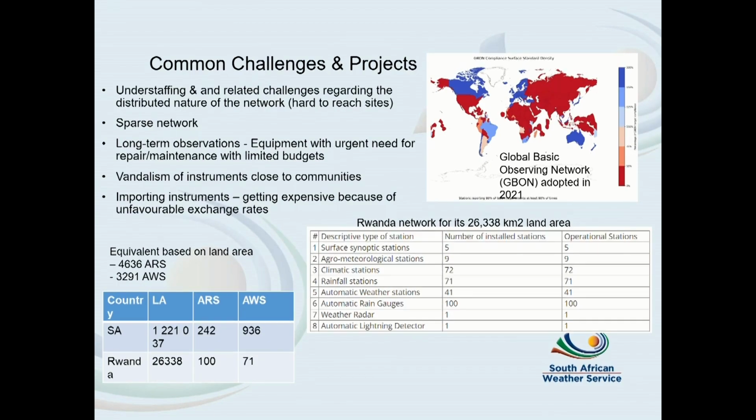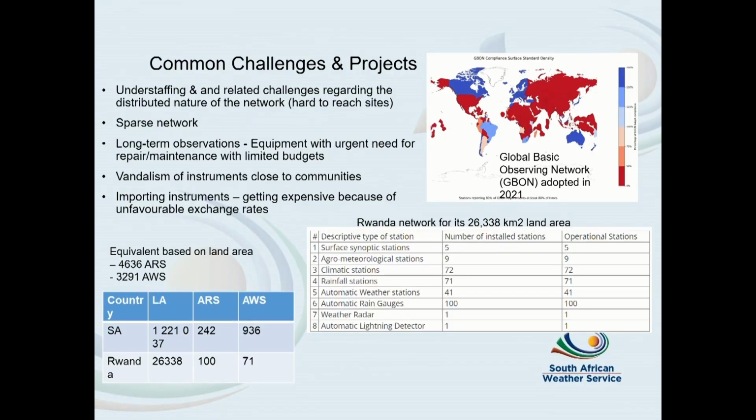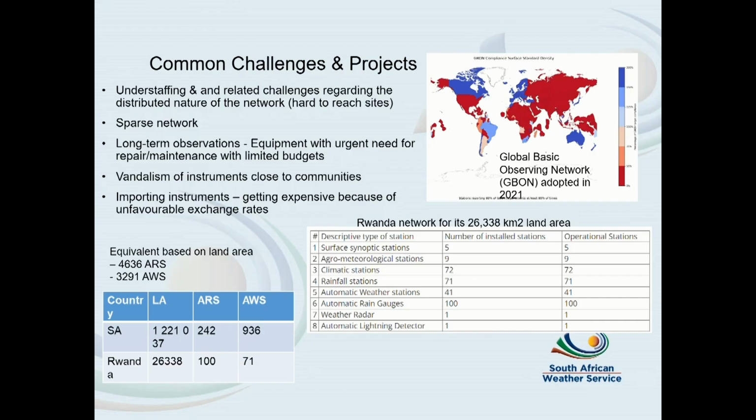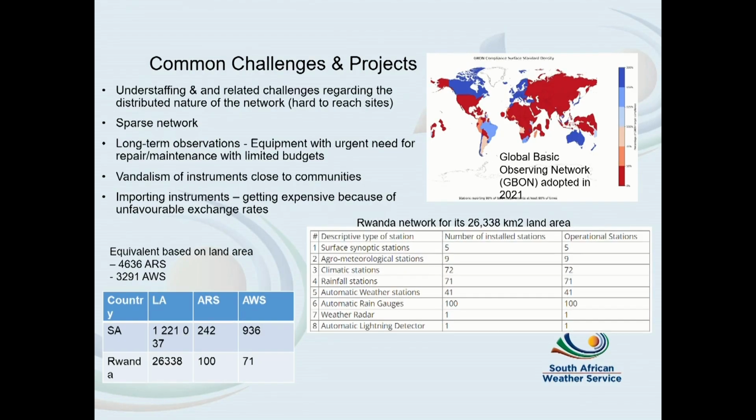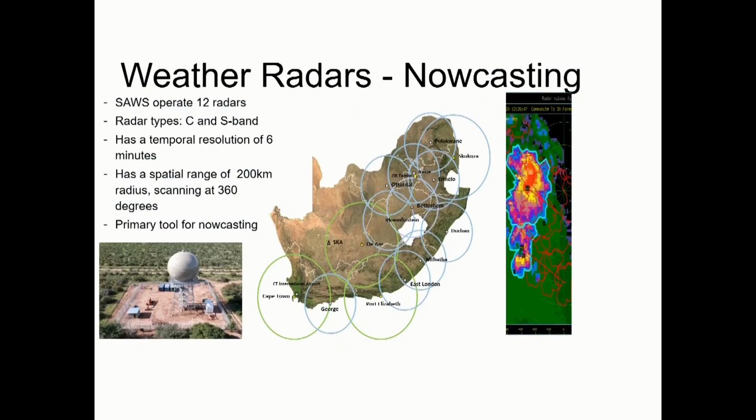However, we have 242 ARSs in this large area, and Rwanda has 100 stations. AWSs, we have around 936 stations. Rwanda has 71. And you can really see that things are not adding up here. Let me just rush, I don't have time.